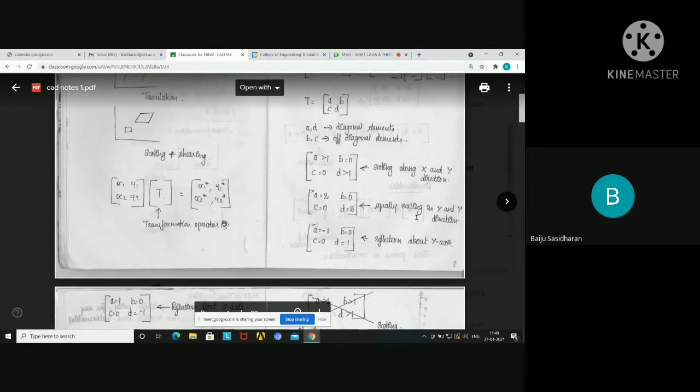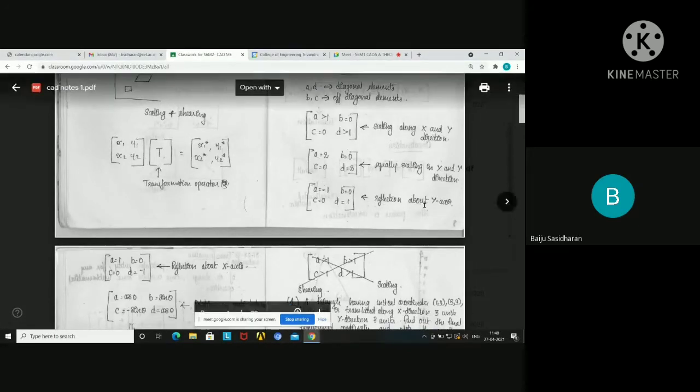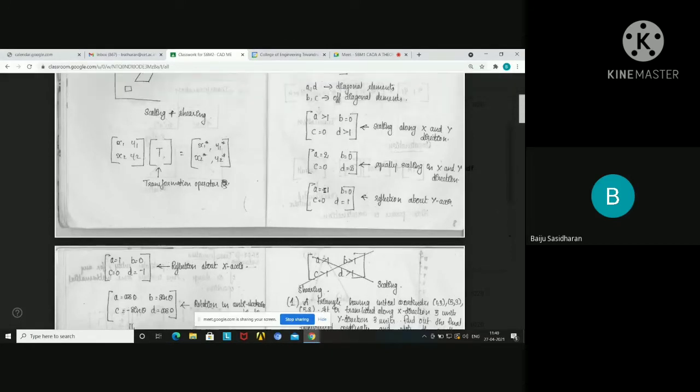Okay. Suppose A is equal to -1 and D is equal to 1 and the off-diagonal terms are 0. This indicates a reflection about the y axis, because at that time this value will be negative. If the other value is negative, that will be a reflection about the x axis.